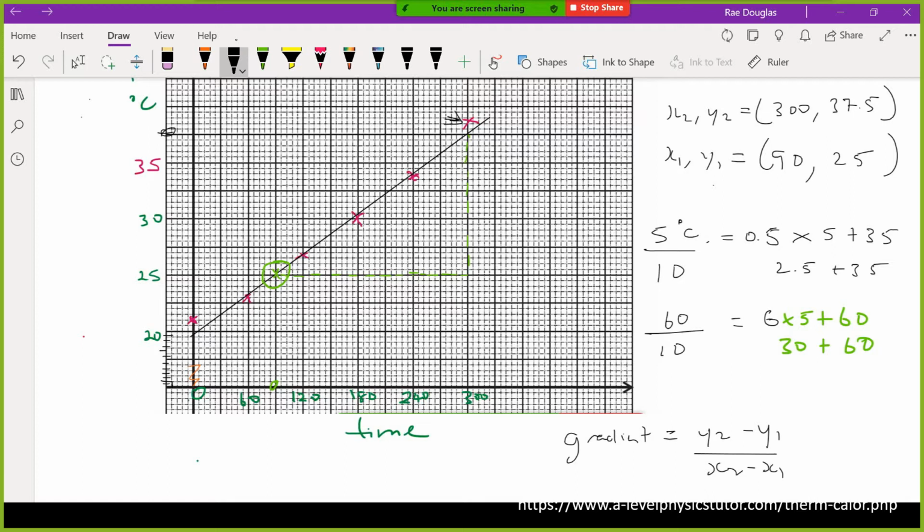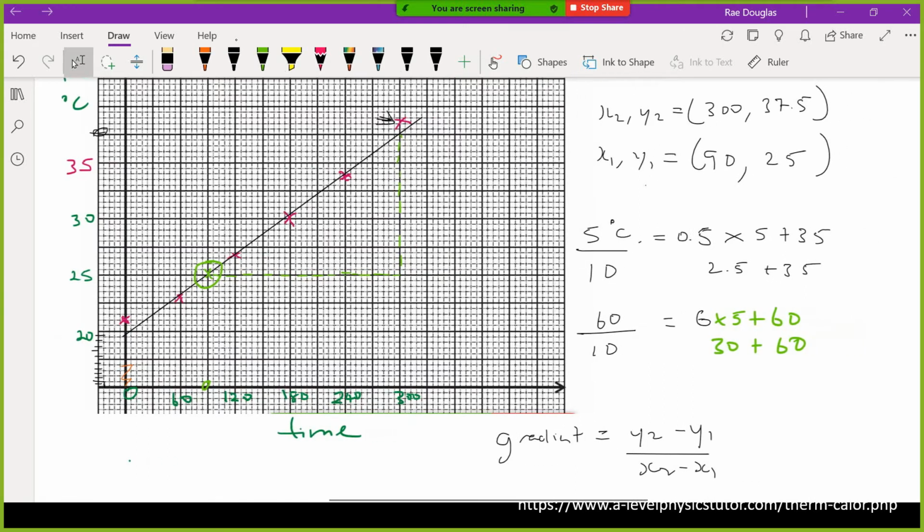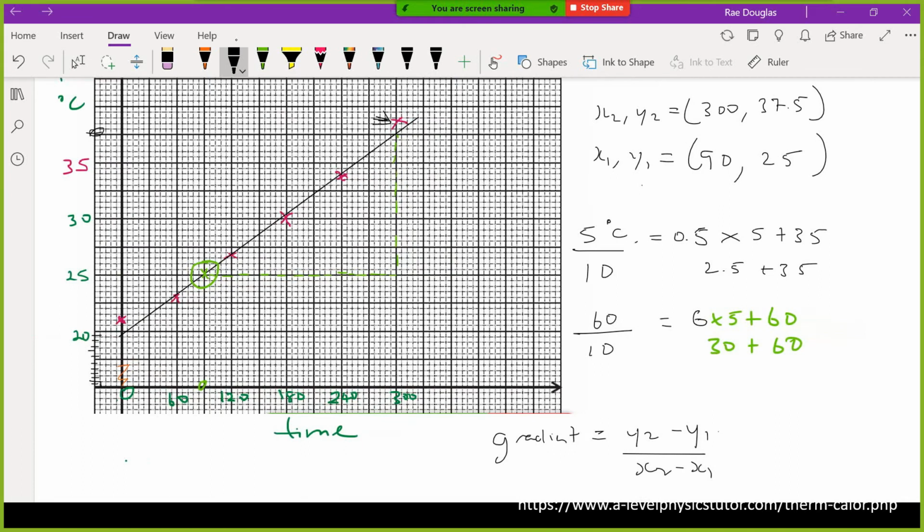Now my y2 value is, my bad, 37.5 minus my y1, which is 25, divided by 300 minus 90.